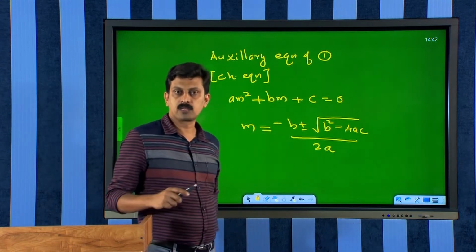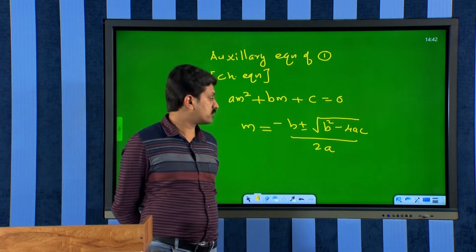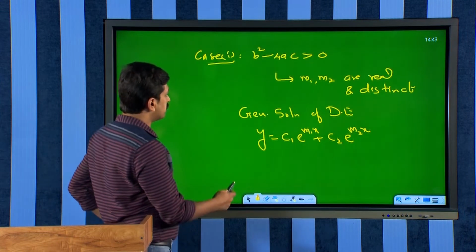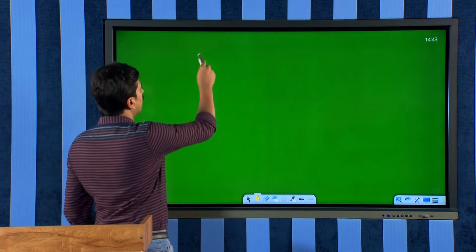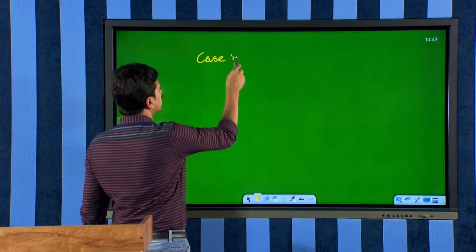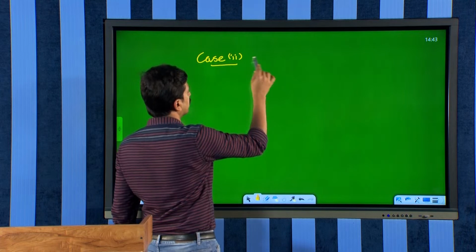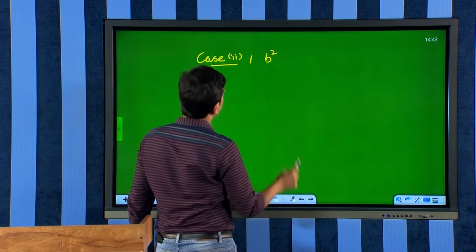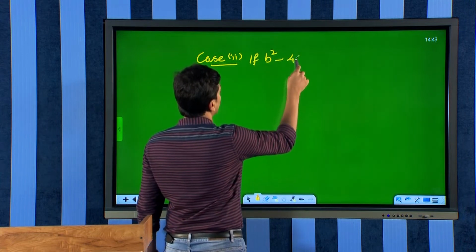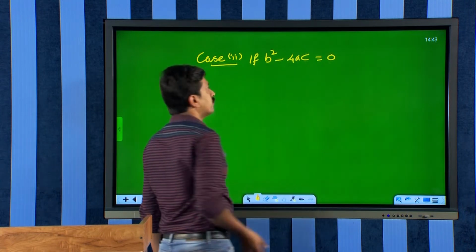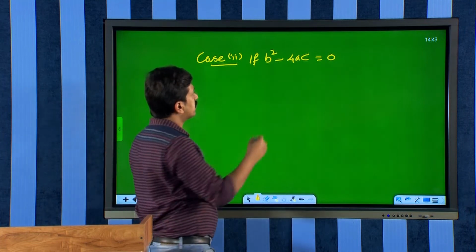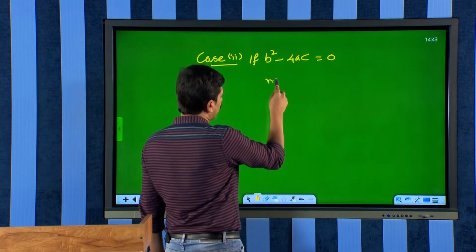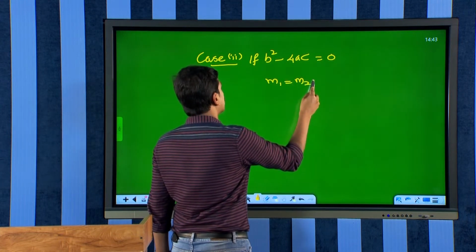If b square minus 4ac is equal to 0, then m1 and m2 are equal, and that is case 2. We say m1 is equal to m2, a single value.